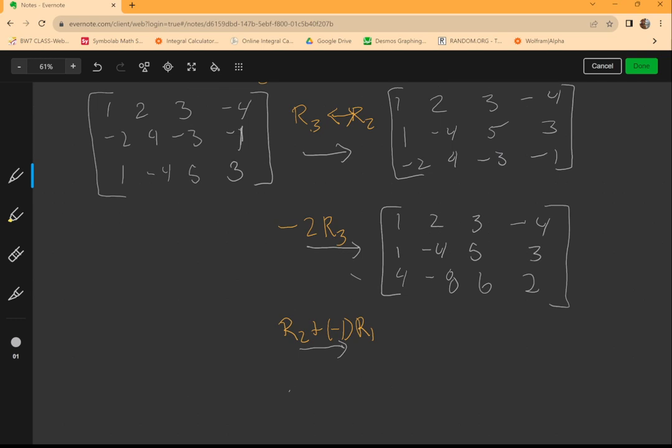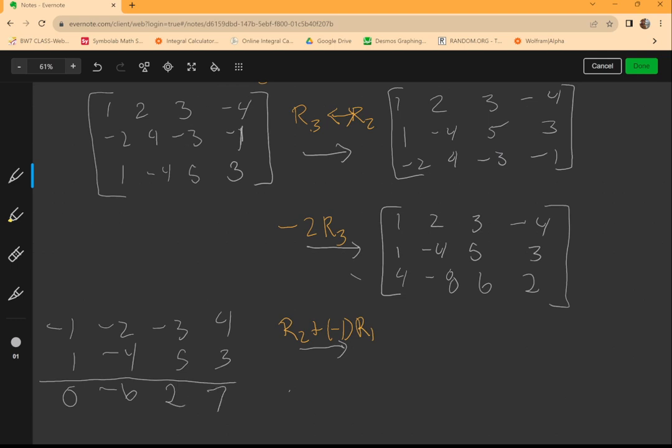So I'll perform the operation on the side so you can see what's happening, and then I'll replace it in my new row equivalent matrix. I'm going to multiply negative 1 by that first row, so that gives me negative 1, negative 2, negative 3, 4, and then R2 is as is, negative 4, 5, 3. So I'm just adding the coefficients off to the side, and I get 0, negative 6, 2, and 7.